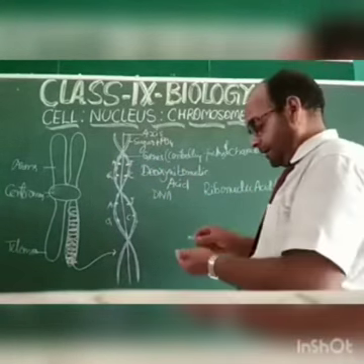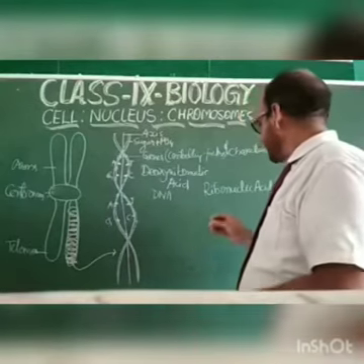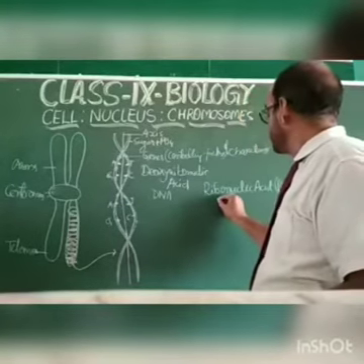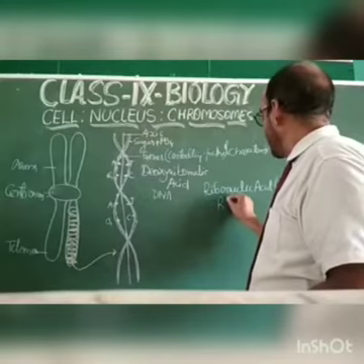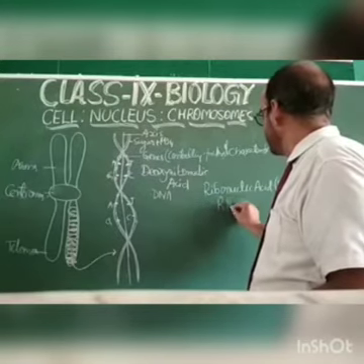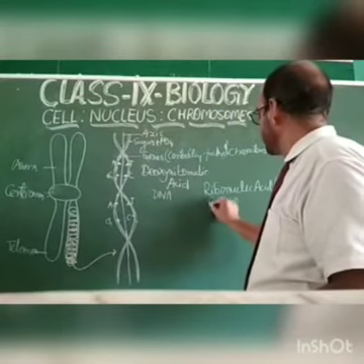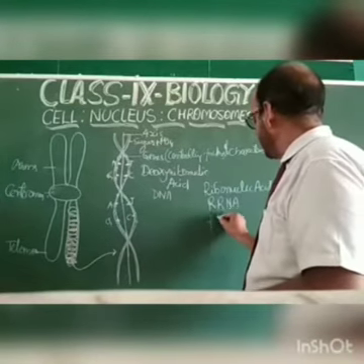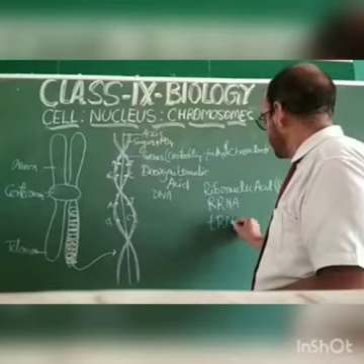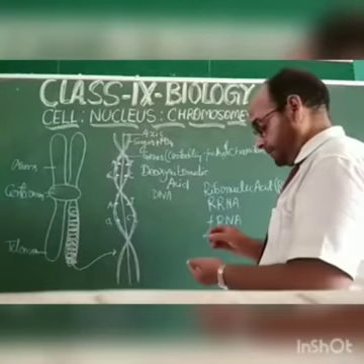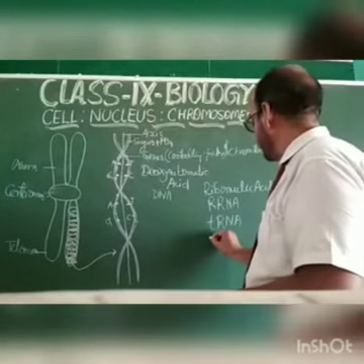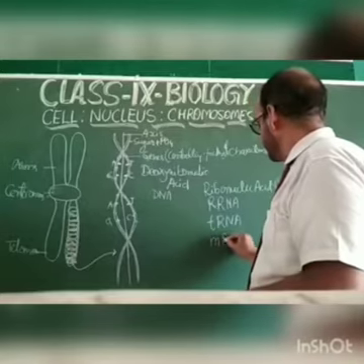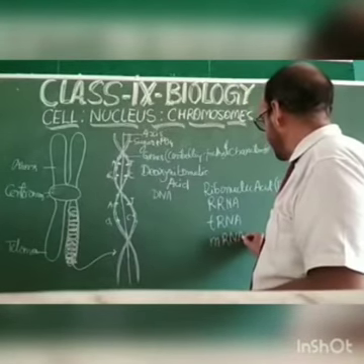So RNA is of three types: rRNA, tRNA, and mRNA. These are of three types.